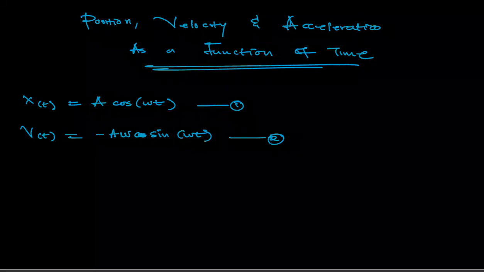Then acceleration as a function of time is negative A w squared cosine wt. These are the formulas you have to remember. I explained very well where these equations come from using differentiation, so you just need to know these equations.